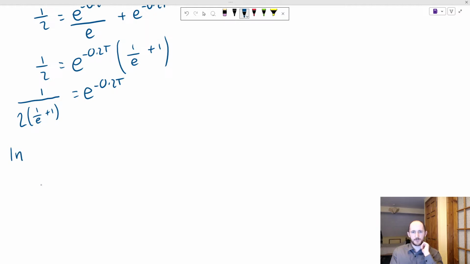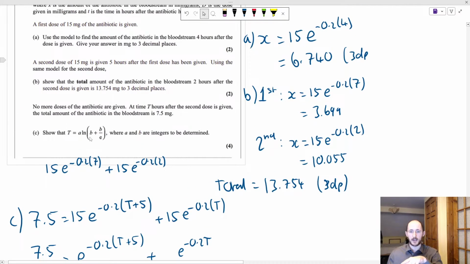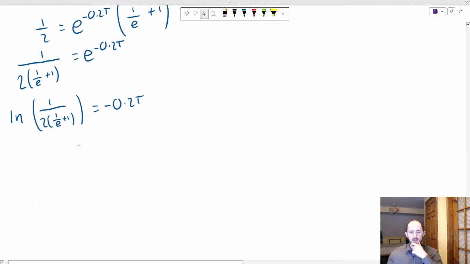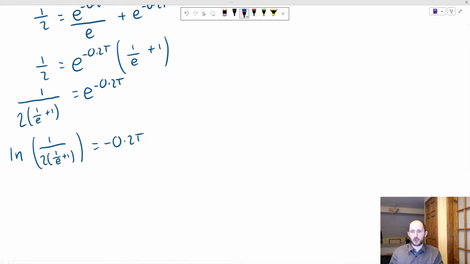So ln 1 over 2. They've done something very clever, which is good. Equals negative 0.2 t. Can you see we're getting closer and closer to this little thing here? A deviation. I just want to show you something.